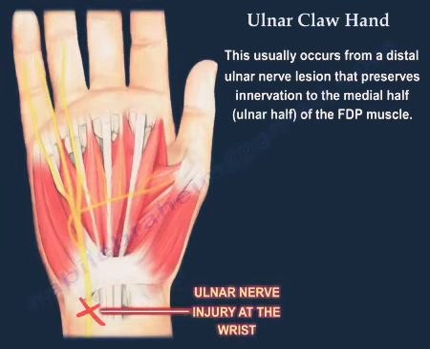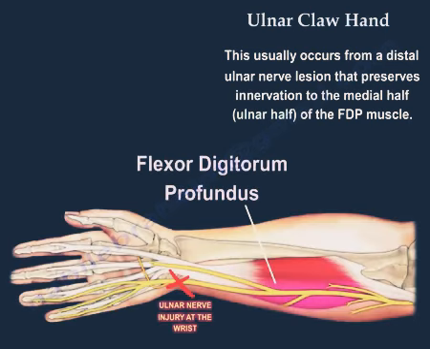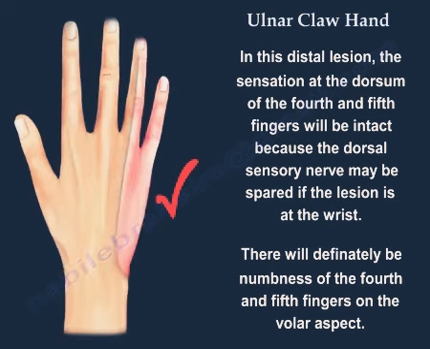This is usually a distal lesion that preserves innervation to the medial or ulnar half of the profundus muscle. In these distal lesions, the sensation at the dorsum of the 4th and 5th fingers will be intact because the dorsal sensory nerve may be spared if the lesion is at the wrist.